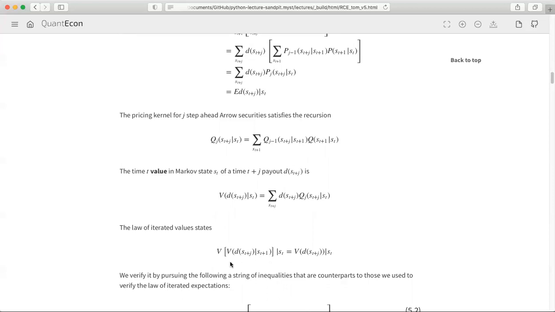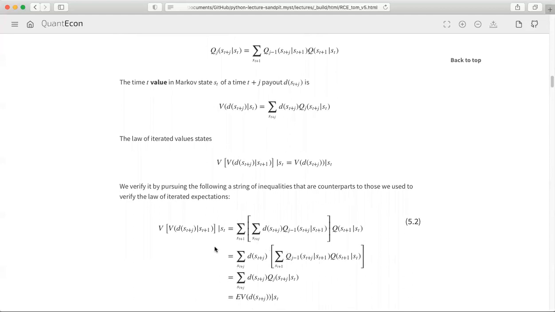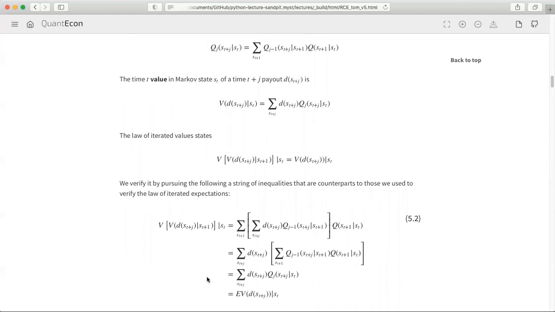So read this. This V operator operates just like a conditional expectations operator. It's an analog. And the proof of this is you just write it out, and it goes just as before. So that's called the law of iterated values.